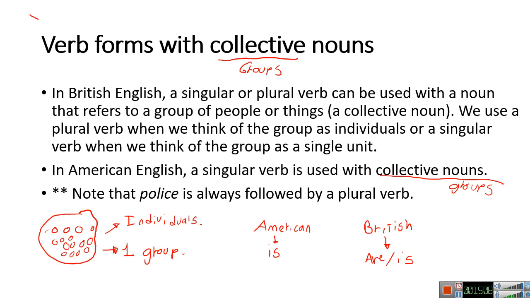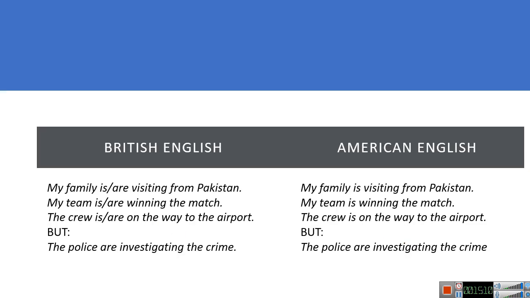If that's not clear, let me show you an example. So we have British English. My family are visiting from Pakistan. Both of these are right. Good. So now let's look at this one. My team is winning the match. We can also say my team are winning the match.